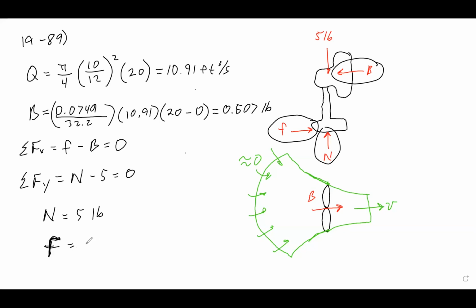And that is equal to the coefficient of static friction times the normal force. Well, the normal force is 5. And then if we solve for the friction, which up here is 0.507 pounds, it's basically the same as the force of the air, then we can solve for mu, static coefficient of friction. And by the way, that answer is 0.101.